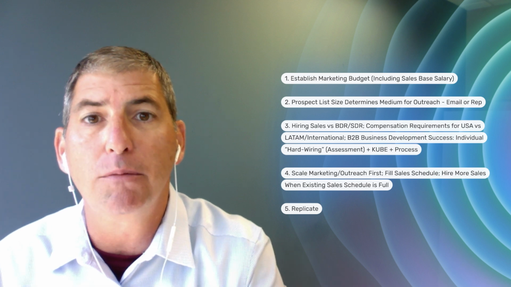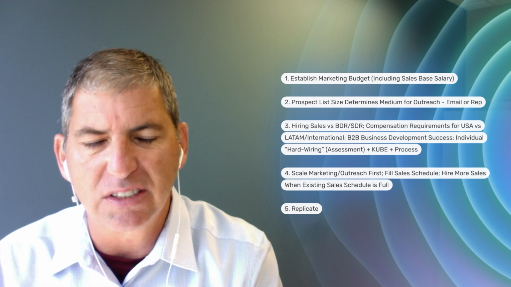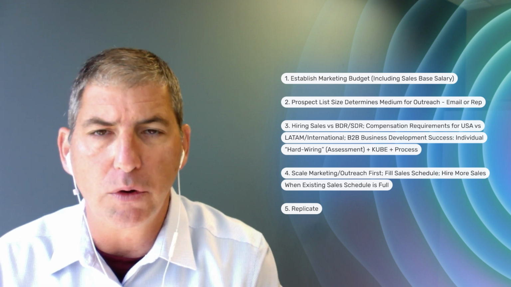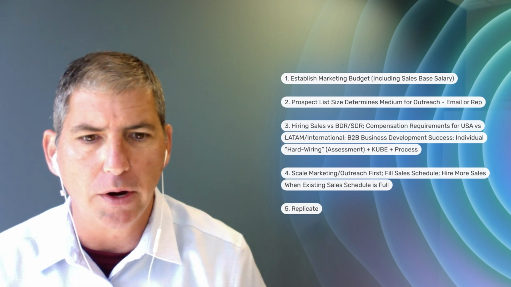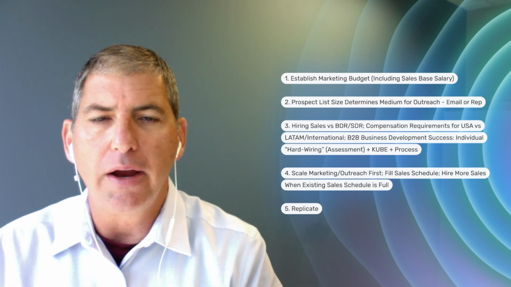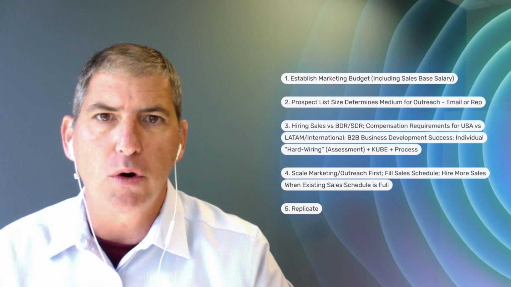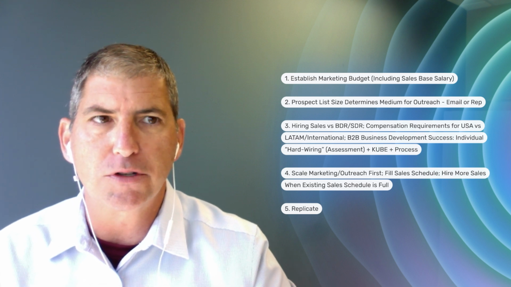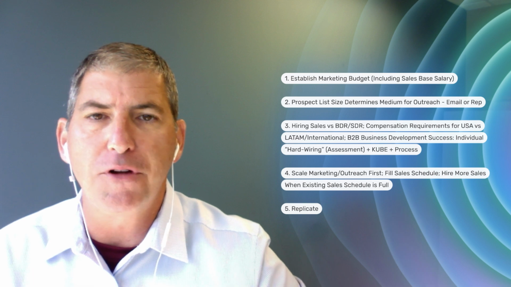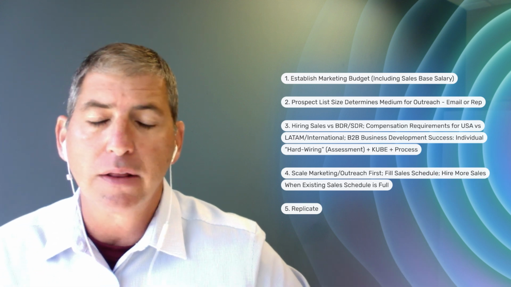We're talking about how you build it from scratch at the lowest cost possible and then replicate it in a system where you're working within a constrained budget, okay? So now you have to scale your marketing and outreach first. You've got to be able to fill a sales schedule. So if you're one of the principals and you're the primary sales rep to start, I want your schedule filled. And if you have other responsibilities and can only do 1, 2, 3 calls a day, that's fine.